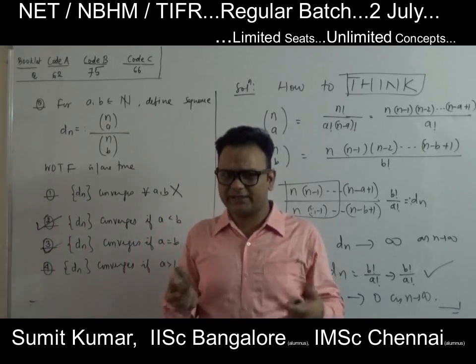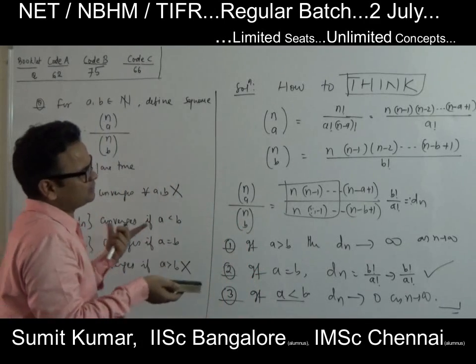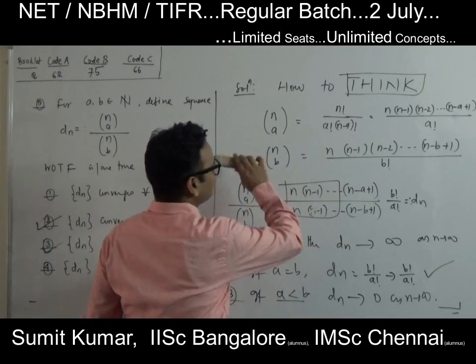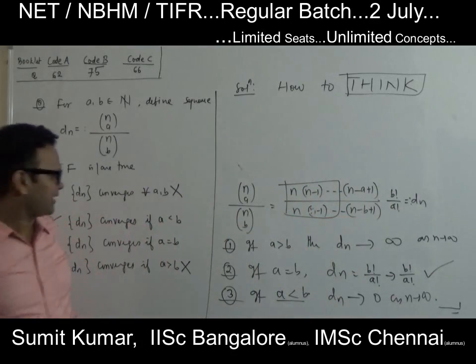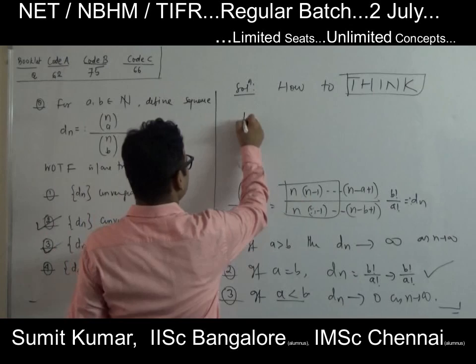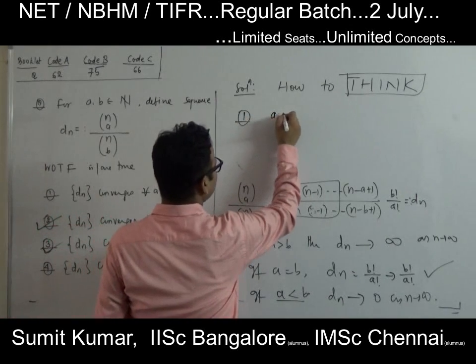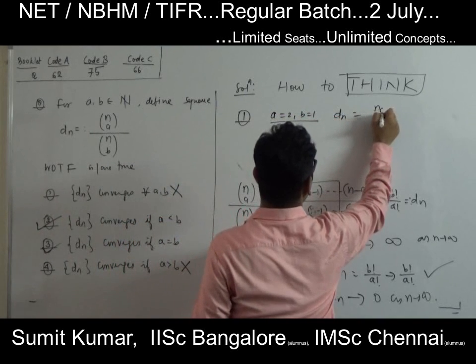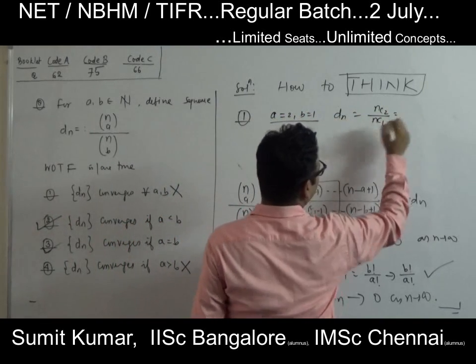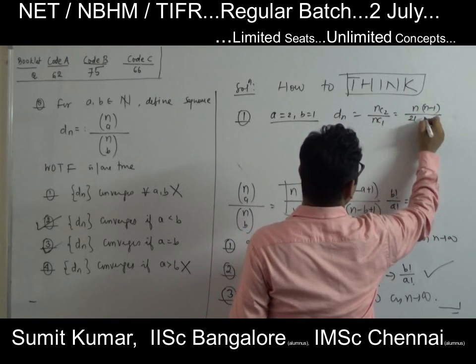This is how I like to do it in theory. Even if you are not comfortable with theory, look at some examples and you can easily do this. They are asking about all A, B. Going through the first option, for all A, B, let's take A equal to 2 and B equal to 1. Then Dn is NC2 by NC1, which is n into n minus 1 by 2 factorial into n.